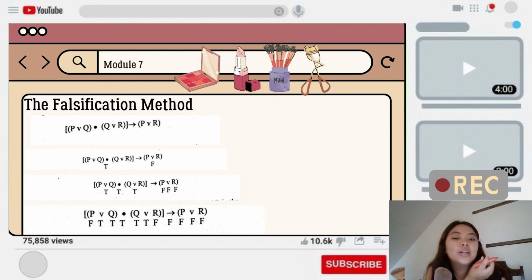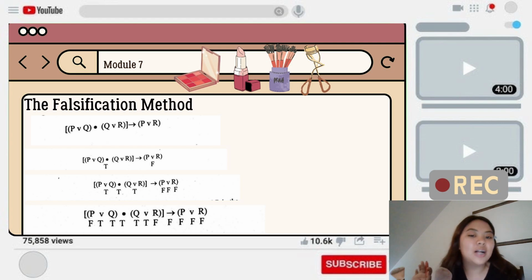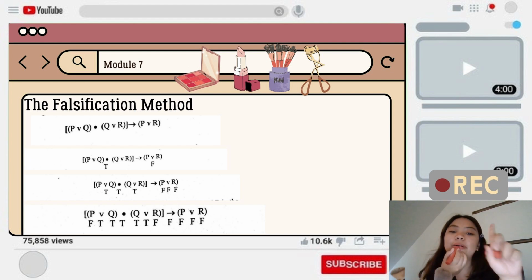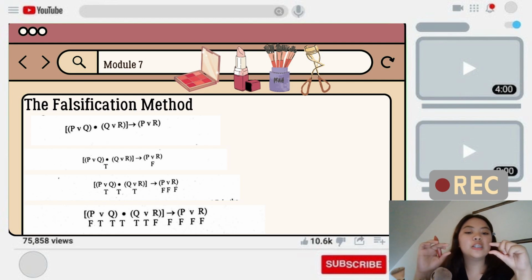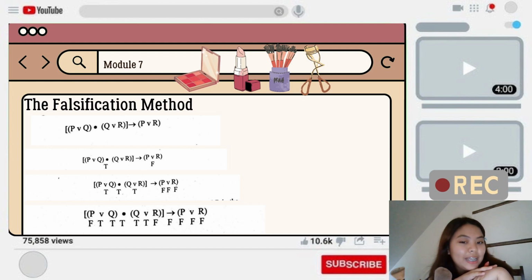Thus, you are left only with Q. Notice that whatever the value of Q, either true or false, you have discovered a row where the premise set is true and the conclusion is false. The argument form, therefore, is invalid. Remember that only one example of a horizontal where the premise set is true and the conclusion is false is sufficient to judge an argument form to be invalid.